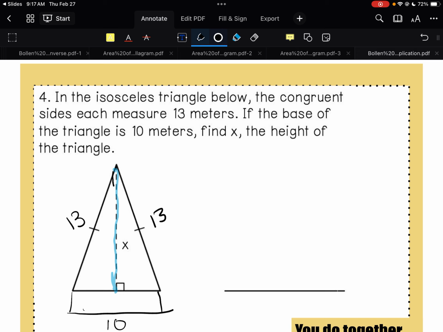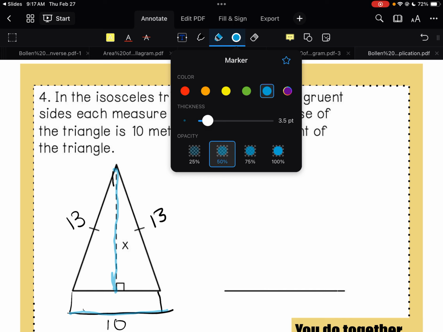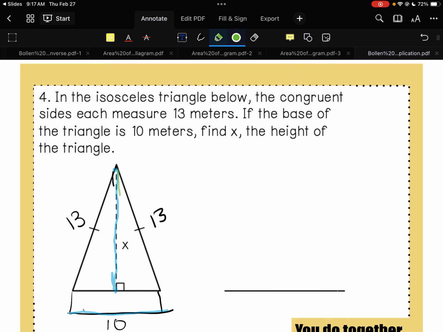So you need to just do a slight little bit of math here, because if you look at your triangle, this is what you need for your a squared plus b squared. So you would have a here and b here, and C would be here.